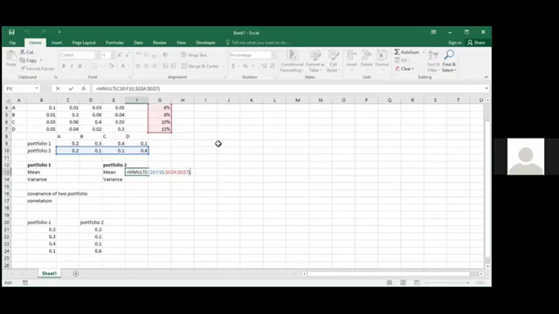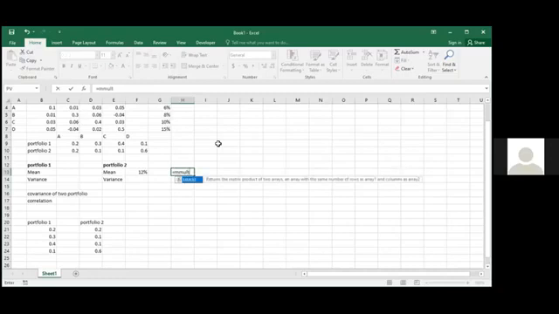So what will happen if you just enter G4 to G7? Now we can check that. MMULT, comma, array 2, 6%, we get the same answer here.